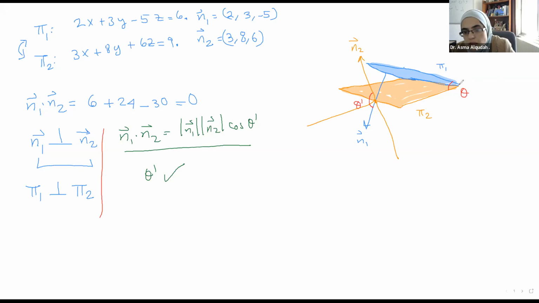Okay, let's draw a line from here. This line, let's call it L1, and L2 are parallel to each other.